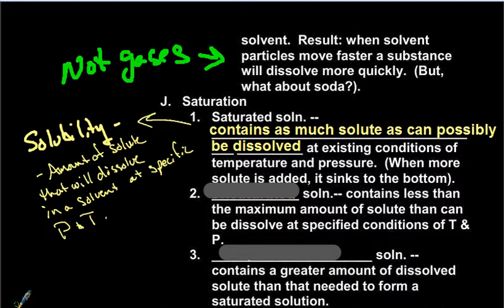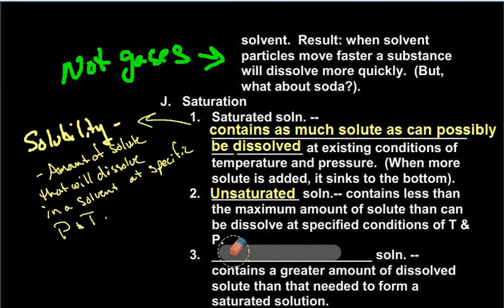A saturated solution contains an amount of solute that is equal to its solubility. Then we have an unsaturated solution, which is just any solution that contains less than this amount of solute dissolved under specified conditions of T and P.